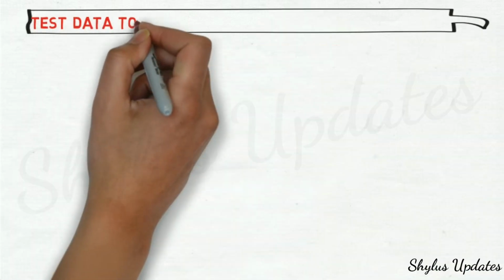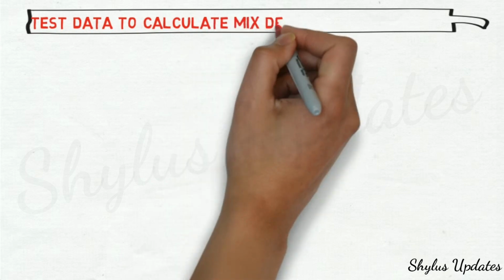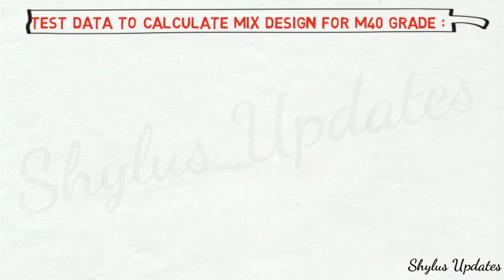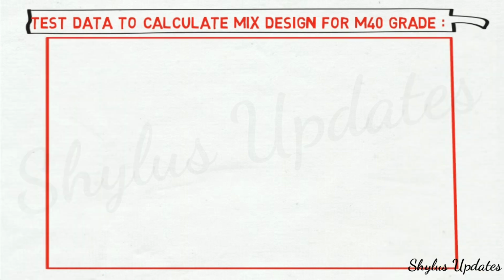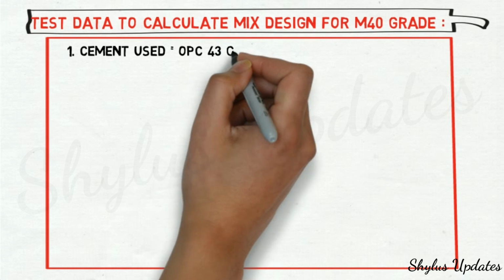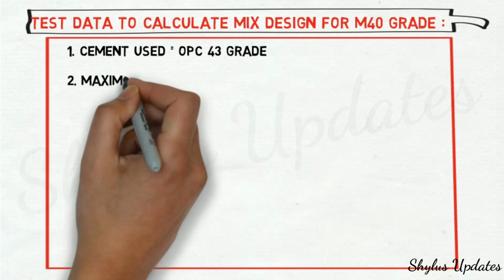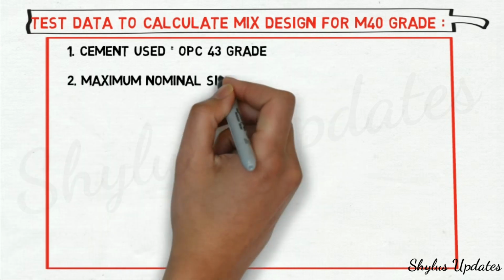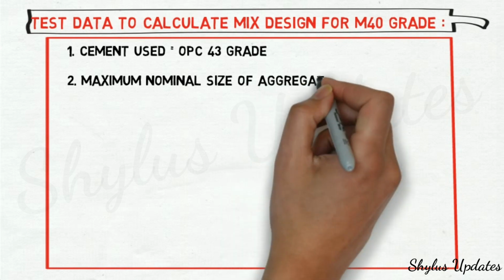Test data to calculate mix design for M40 grade. Cement used: OPC 43 grade. Maximum nominal size of aggregate: 20 mm.